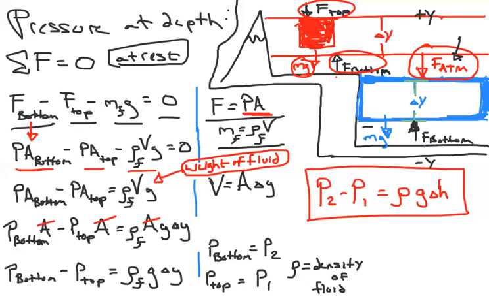The surface area. And in this case, the area is going to be the surface area of the ocean, right? So the ocean is going to have a certain area associated with it.